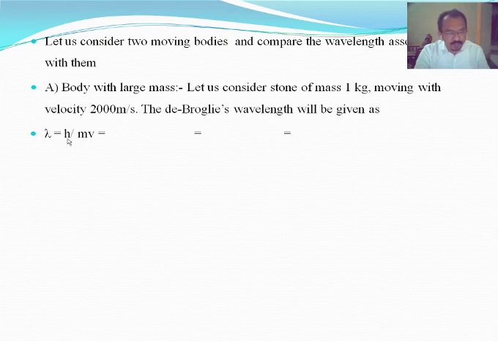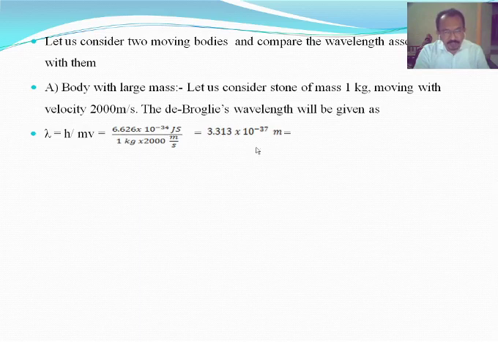If you put the values, h is 6.626 into 10 to the power minus 34 joule second, mass is 1 kg and velocity is 2000 meter per second. If you calculate it, it is 3.313 into 10 to the power minus 37 meter. If you convert it into angstrom, it will be 3.313 into 10 to the power minus 27 angstrom.